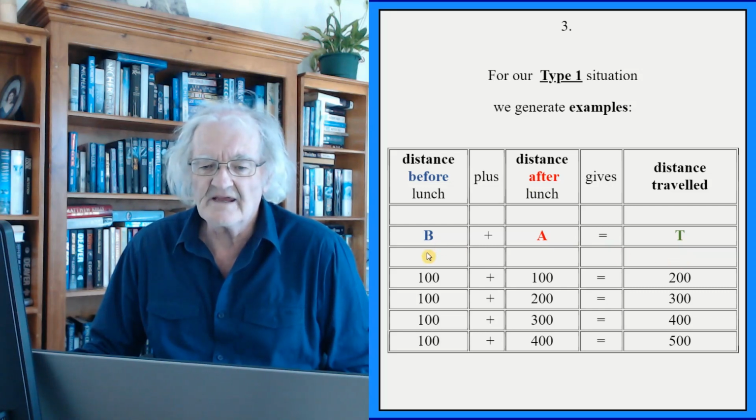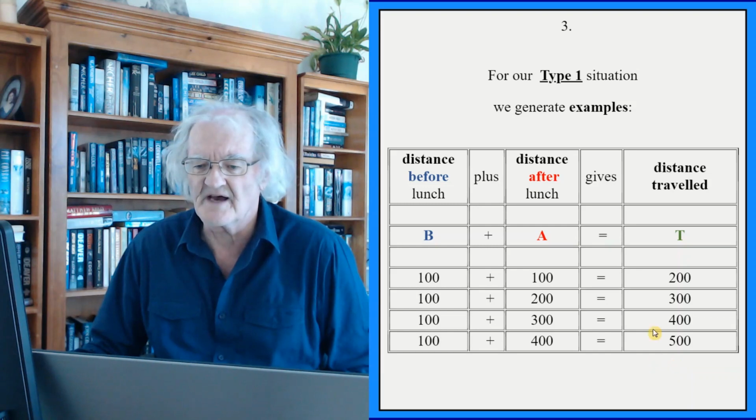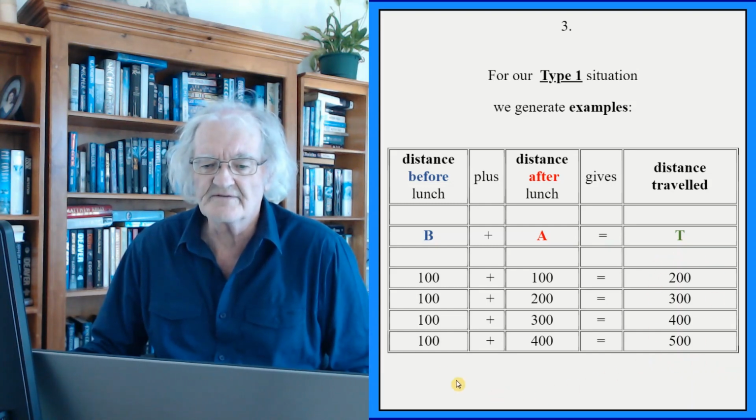Now, if the distance before lunch is set at 100 and the distance after lunch is allowed to vary depending upon the circumstances, the distance travelled in total during the day will vary as well. So here we've got the distance before lunch is a fixed value.